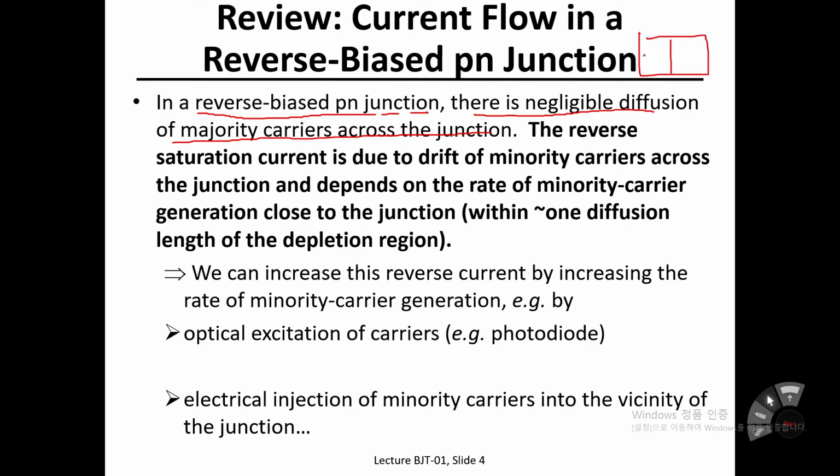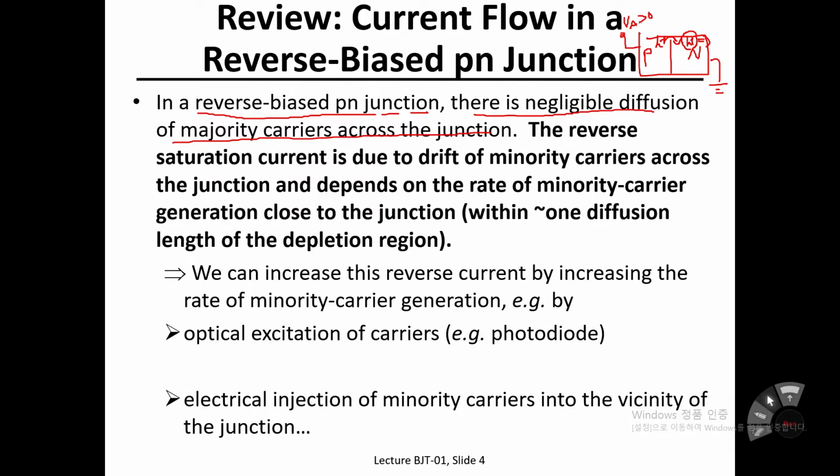If I draw the cross-sectional view of a PN junction diode under forward bias, as we have learned, the holes can be injected into the N-type region, and these holes can be diffused throughout the N-type quasi-neutral region.